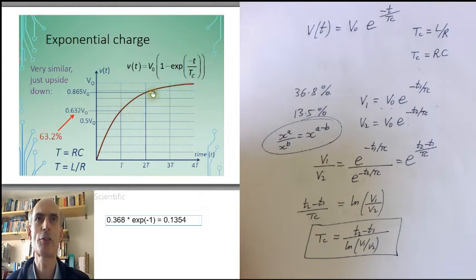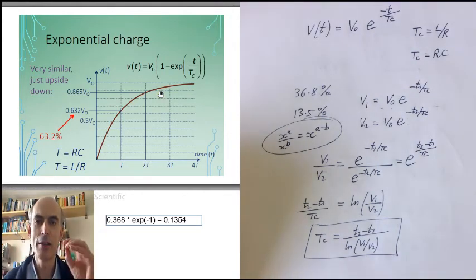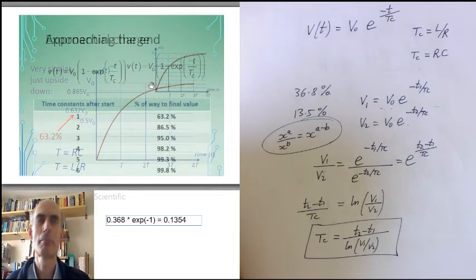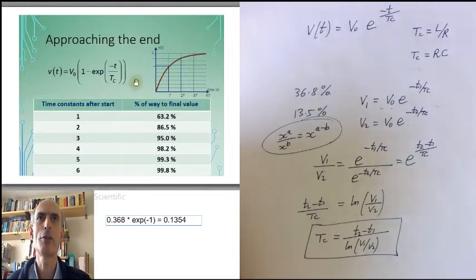And you'll notice that this graph never gets to the final value of V0. That would take an infinite time, just like the discharge characteristic never gets to its final value of 0. There are, however, these useful rules of thumb that can give you a quick approximation of how close you're going to be to that final value.